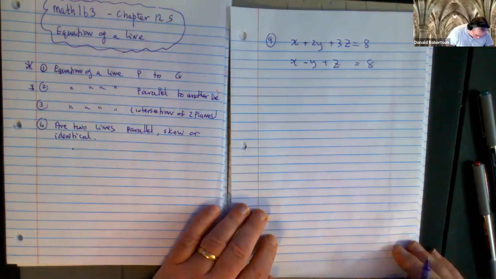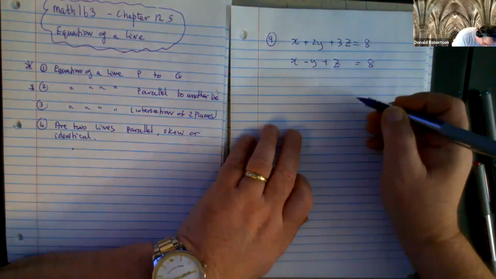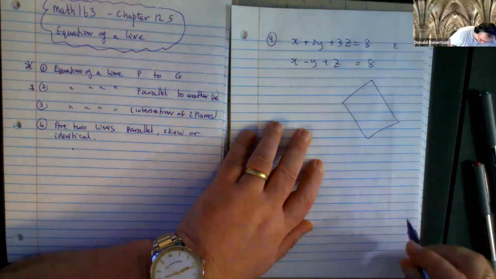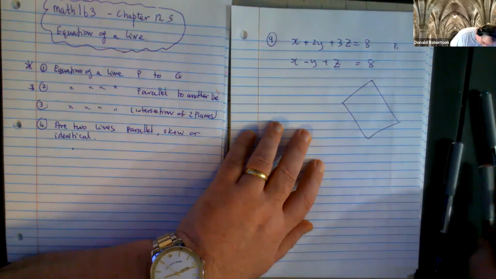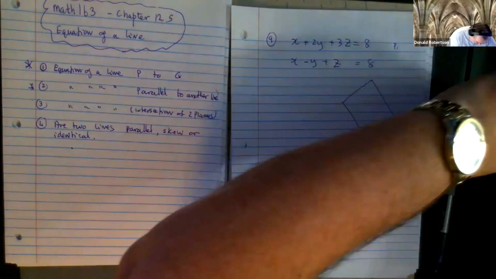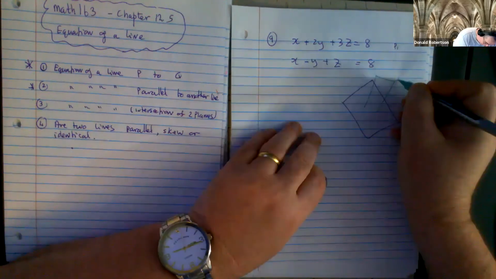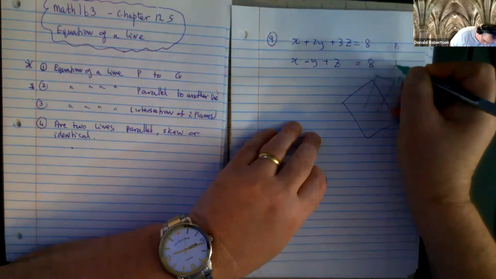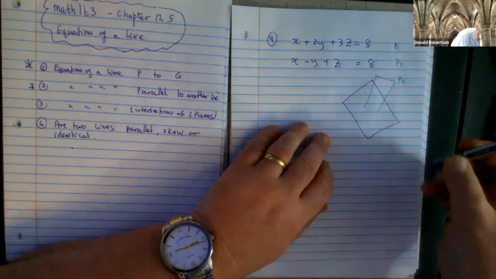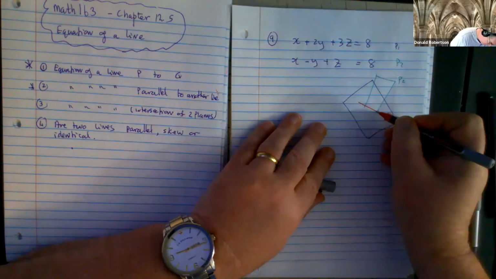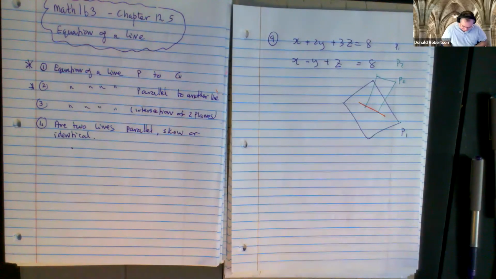So can you imagine this is one of the planes, call that P1. And this is the second plane, we'll do it in green. So that's P2, and P1. They're going to intersect on a line. That's what we're trying to get.